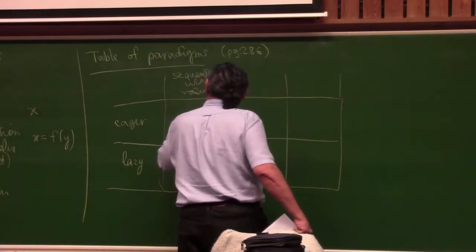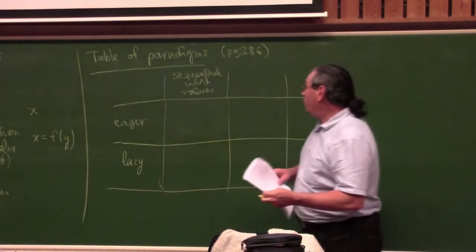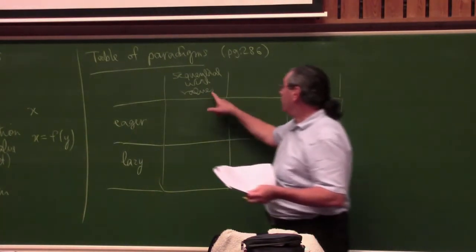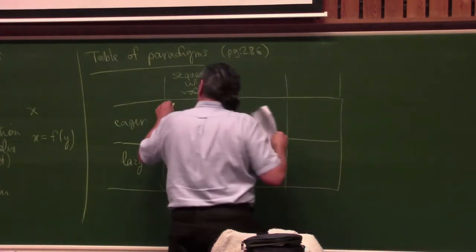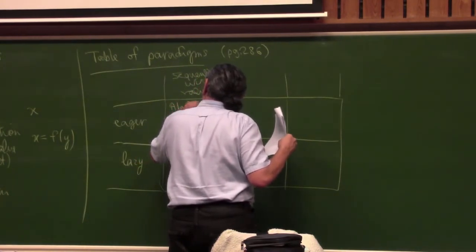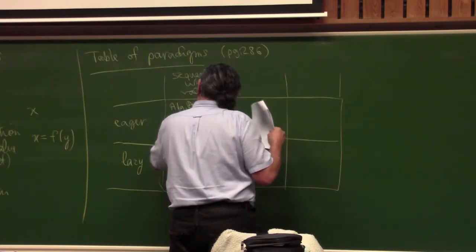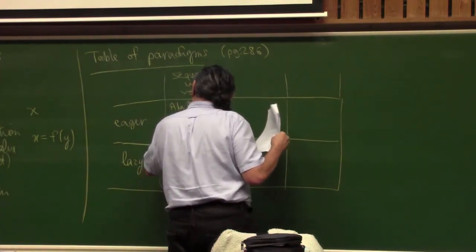So the usual programming languages like Java, they sit here. Now they also have concurrency, but the concurrency is not done in a declarative way. So you have to say algorithm design courses. So this is something like standard functional programming.